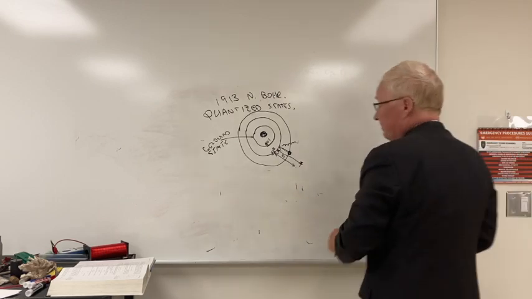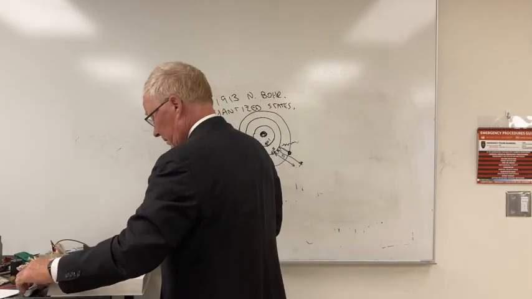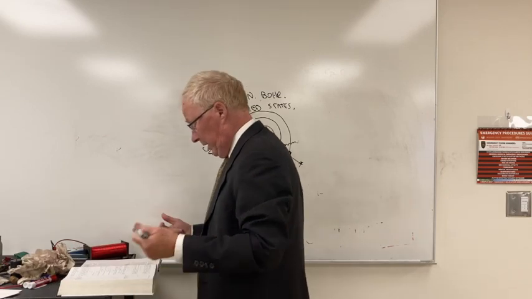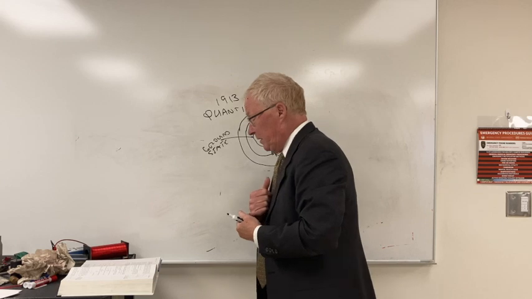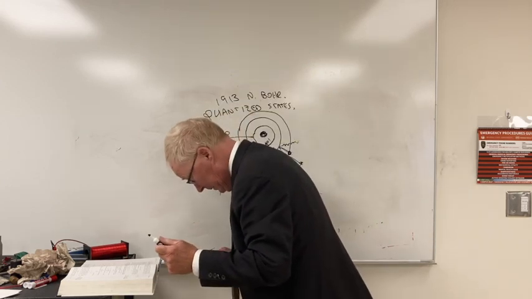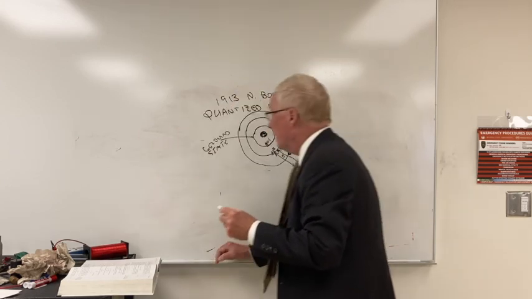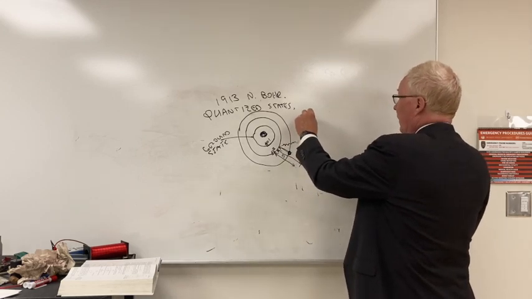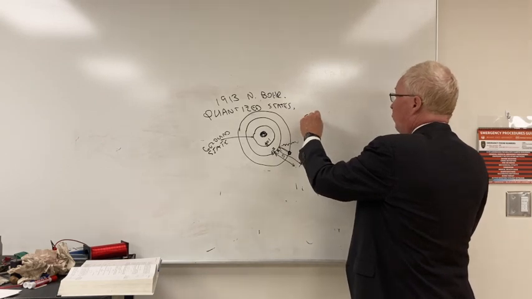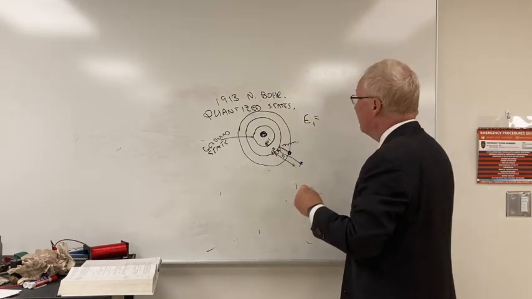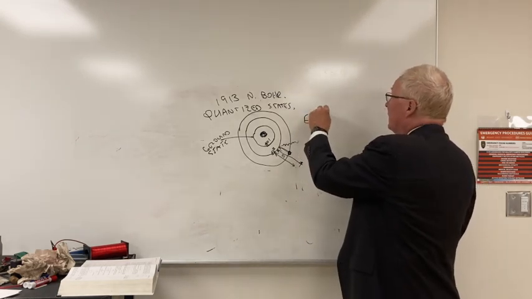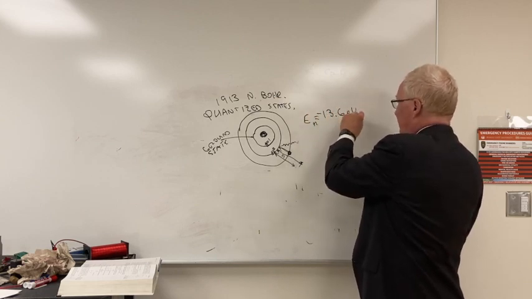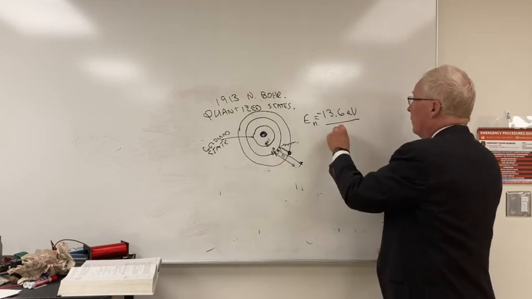I'm not going to get into details, but the energy of the ground state, E1, or any level, is given by minus 13.6 electron volts over n squared. We talked about what an electron volt is.